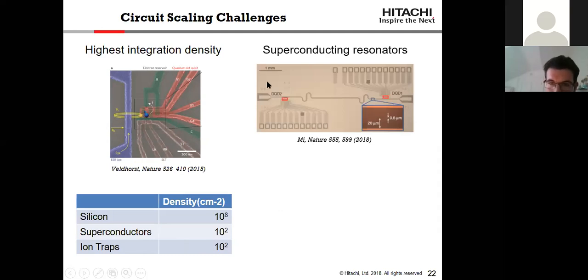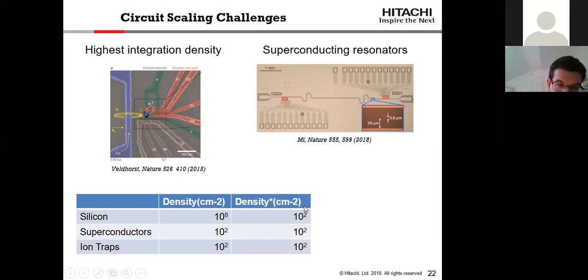The problem is that if we use this type of superconducting resonators for circuit QED, or even the spiral inductors that I've demonstrated, then the densities of silicon drop down to the densities of other competitors. So there is a necessity to do something about the footprint of this readout method.